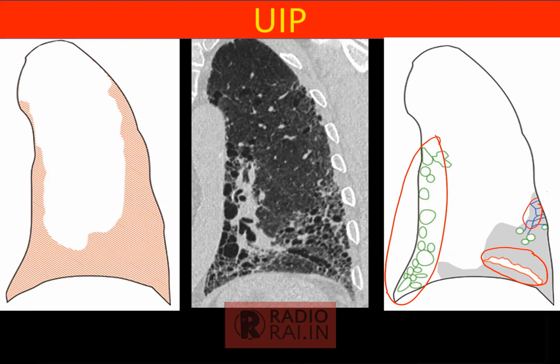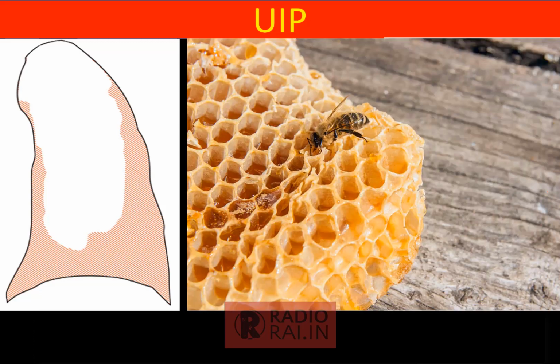These are the classical features of unusual interstitial pneumonia. So the main things are basal predominance, honeycombing, reticular opacities, traction bronchiectasis. Ground glass opacities can be present but are less likely. The ground glass opacity is more a feature of non-specific interstitial pneumonia that you have to keep in mind.